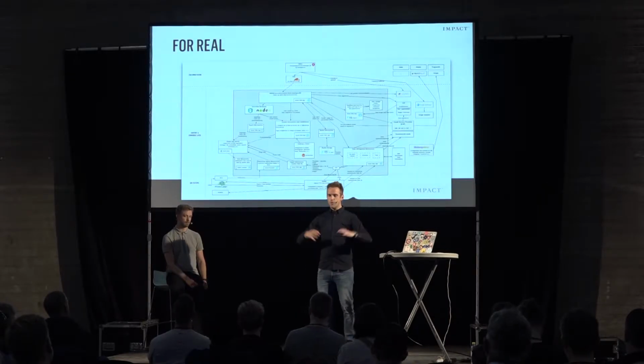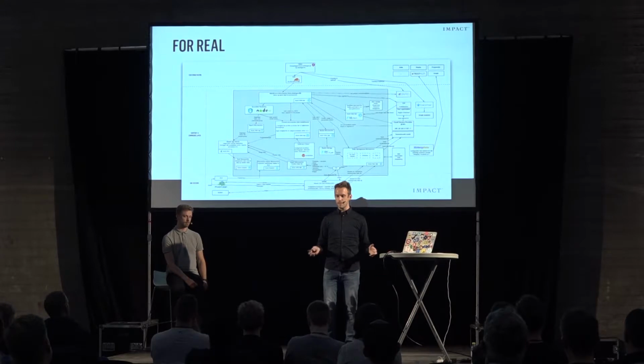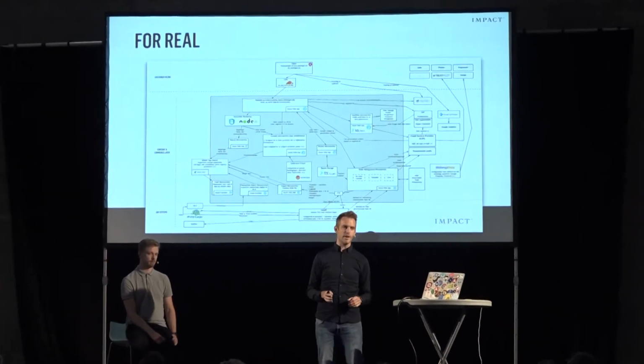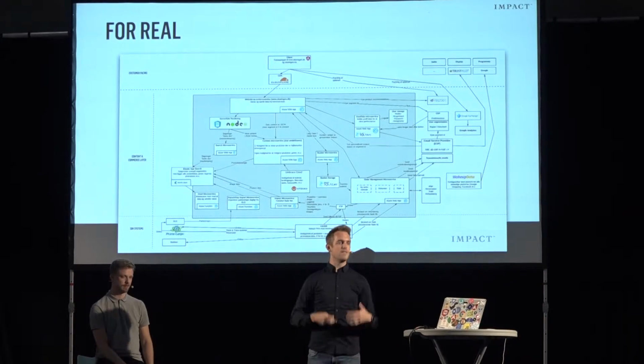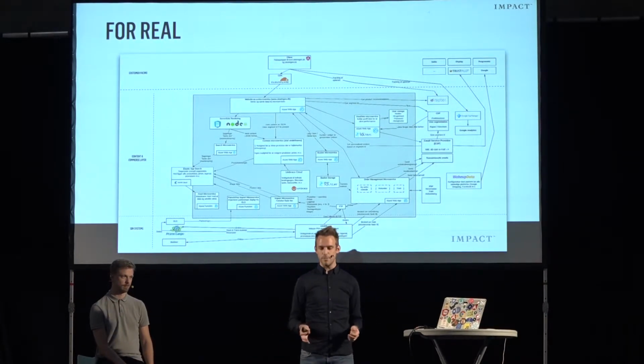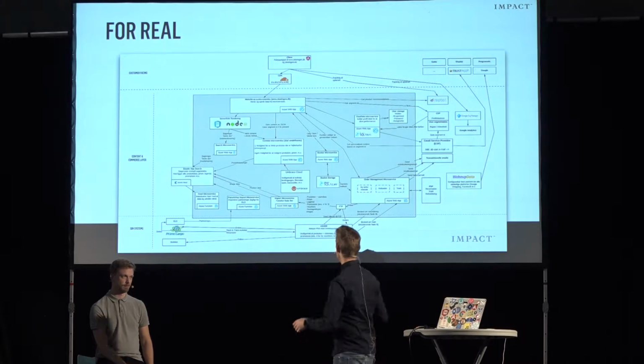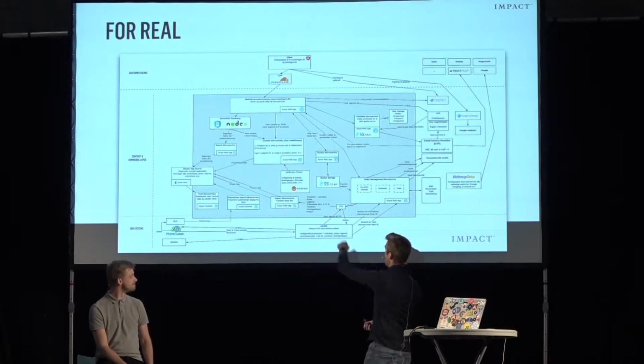So a more concrete diagram would be something like this, and this is actually still a little bit simplified, but this is a little more, and I don't expect you to actually be able to see all of this. This is just to show that it's a very complicated setup. And you see, Umbraco is this little thing down here in the middle.